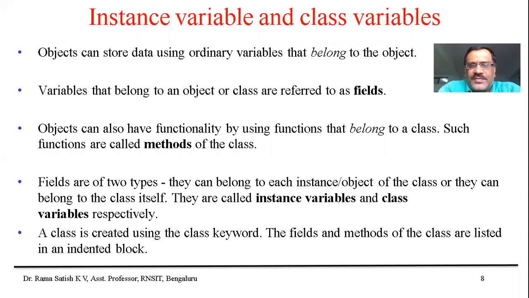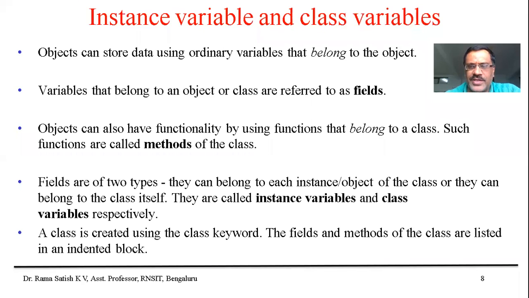Class variables are the variables that are defined inside the class, and for each instance, for each object, the variables are created. Those you call instance variables, or they are also called object variables.